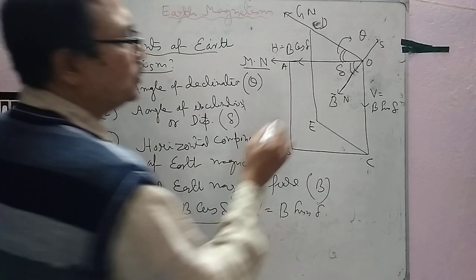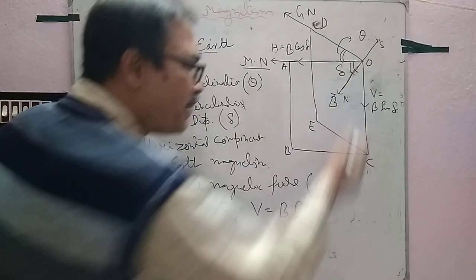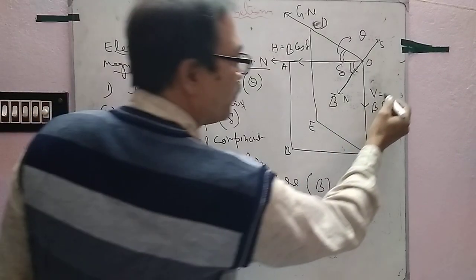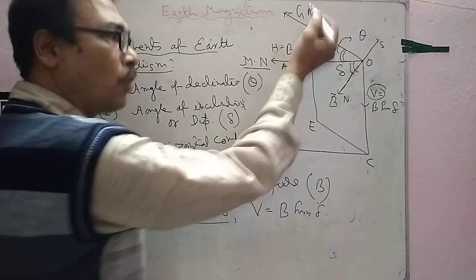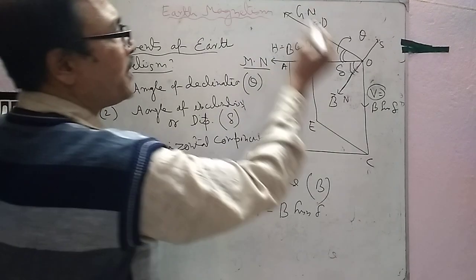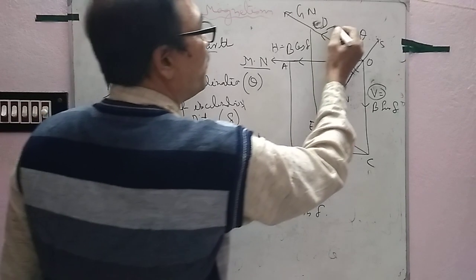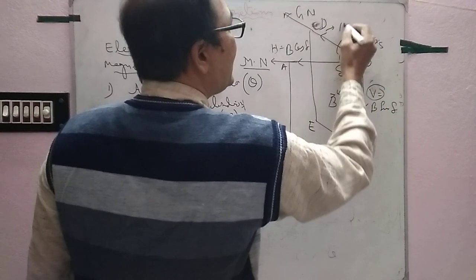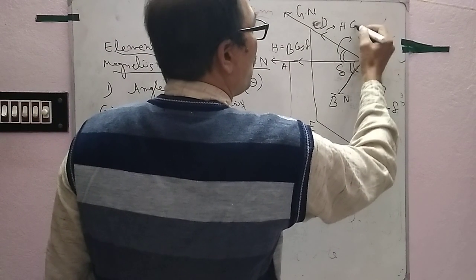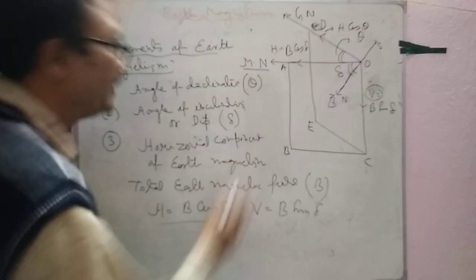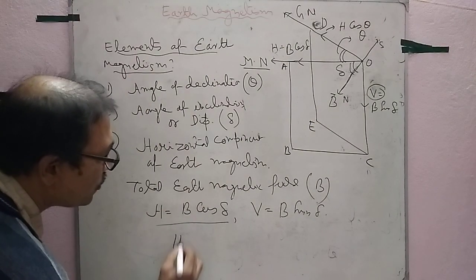Now follow. In the geographic meridian, the vertical component is the same. This is also V. But in the geographic meridian, the horizontal component is H cos theta.